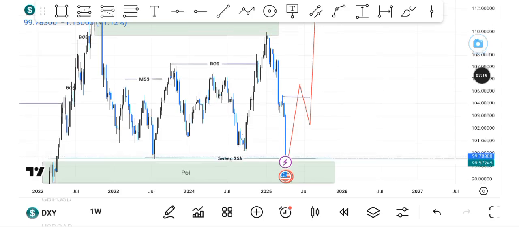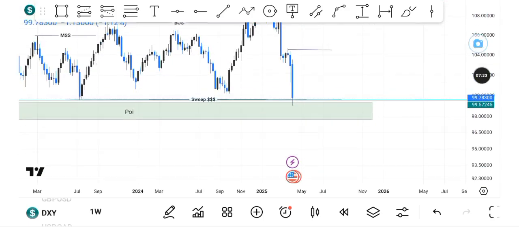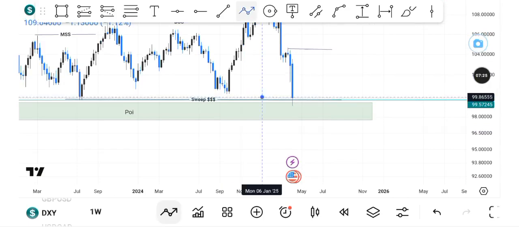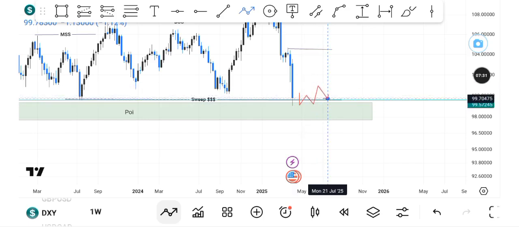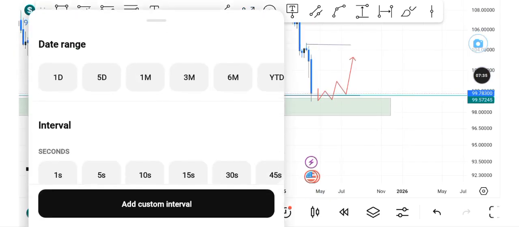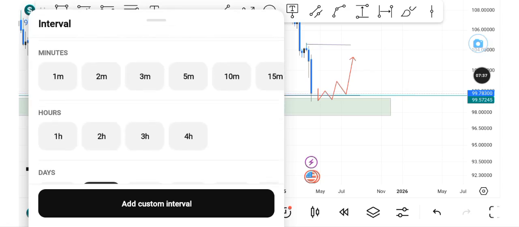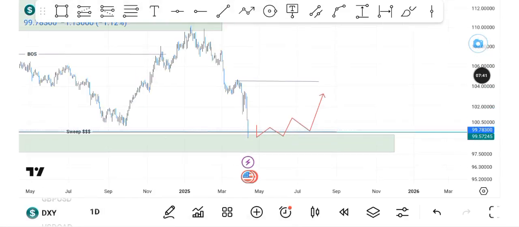So if we still expect the buyers to come in and push this market again from that level, we shall expect a market structure shift to the upside, which means buyers are coming, especially on the 4-hour time frame.